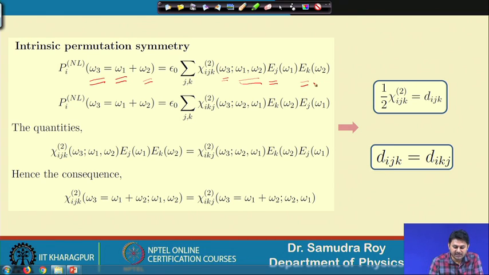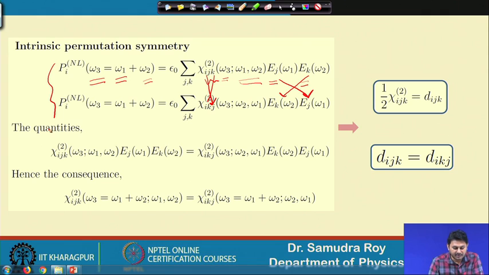Now, if I interchange the i and j components, we will have a similar expression. So here what we are doing is changing the ith and jth components. If I change them, the terms will shift their locations, but on the left hand side we have the same quantity again.